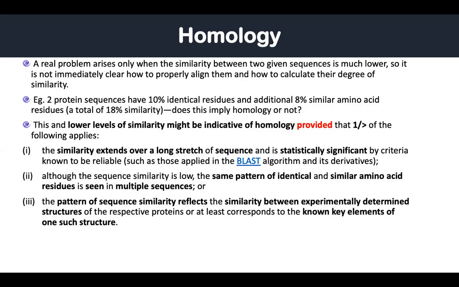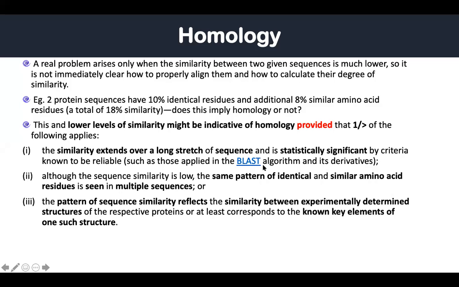This is a question that comes up a lot, especially when you're looking at organisms from completely different families, or usually families of higher order. Lower levels of similarity might be indicative of homology, provided that one or more of the following applies. First, the similarity extends over a long stretch of sequence and is statistically significant by criteria known to be reliable, especially the BLAST algorithm.